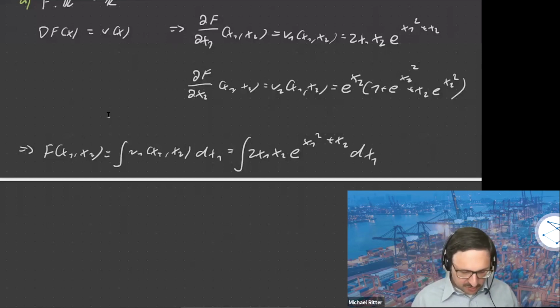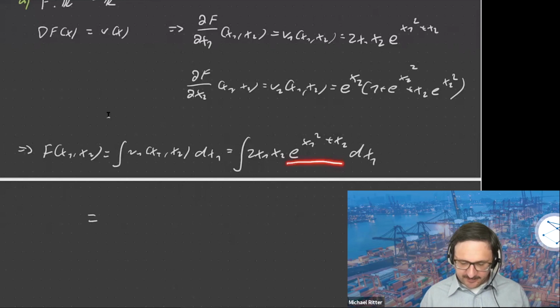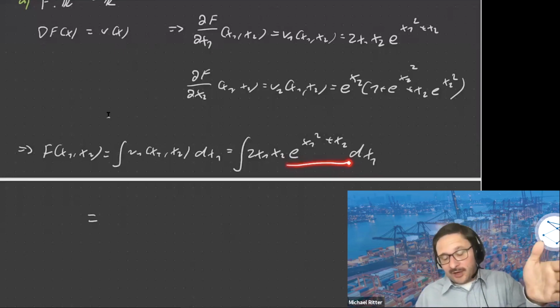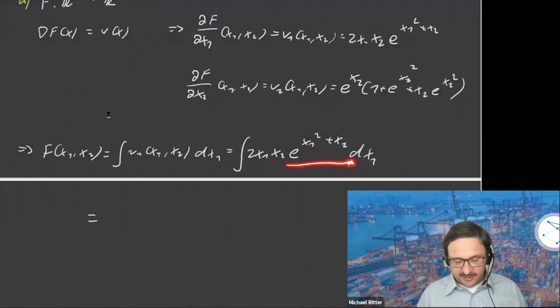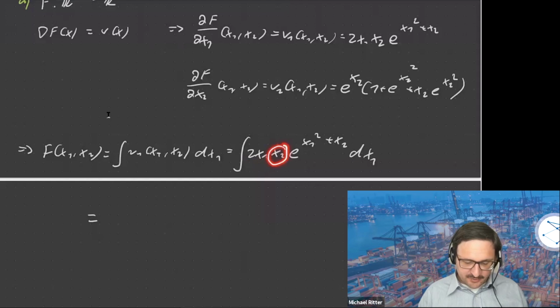Now that might look complicated at first, but if you actually give it a try, you can see that if you take this part here, e to the x1 squared plus x2, and differentiate that with respect to x1, what you get is 2x1 times e to the x1 squared plus x2. So this is exactly this 2x1 here, right? So with the exception of x2, this part here is precisely the derivative of that.